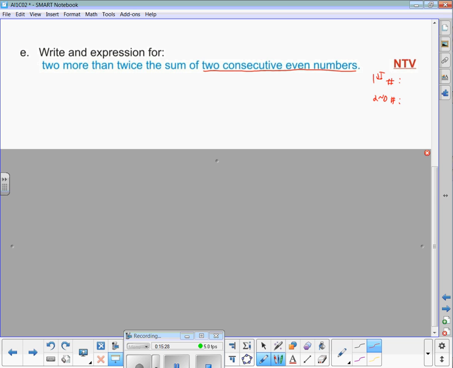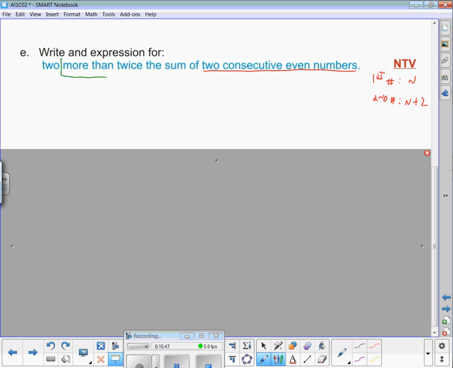And remember, they're consecutive even numbers. So again, we already determined that whenever you have consecutive even or consecutive odd, the first number is n, and the second number is n plus 2. Okay, that part's done.